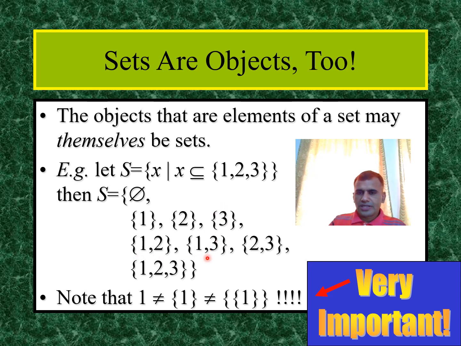The set containing 1, 2, the set containing 1, 3, and all this. Now remember this. Note that 1 is not equal to the set containing 1. This one is called a singleton set. The set which contains only one element is called a singleton set.